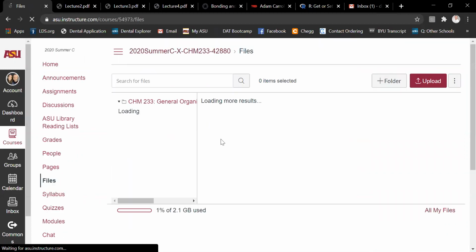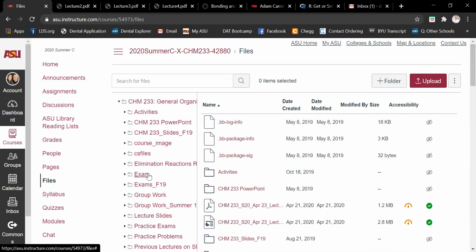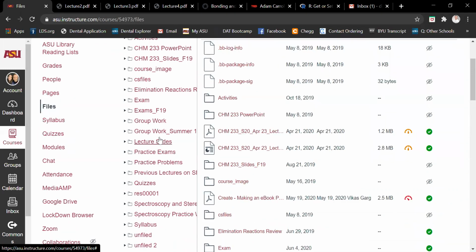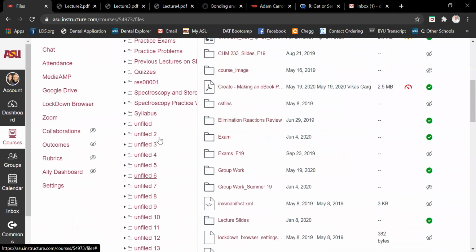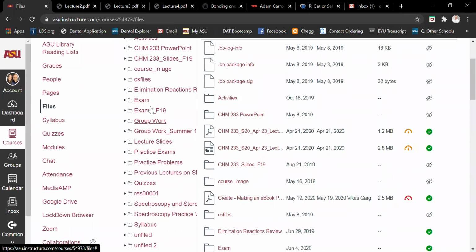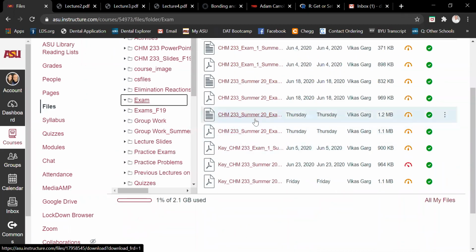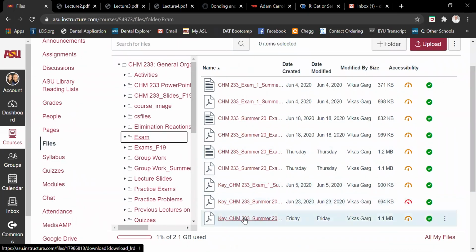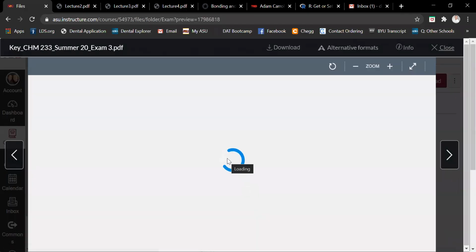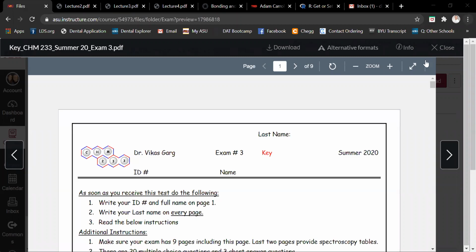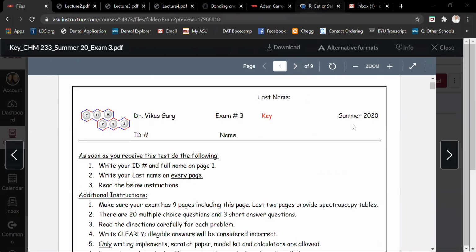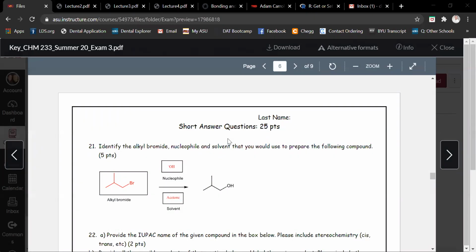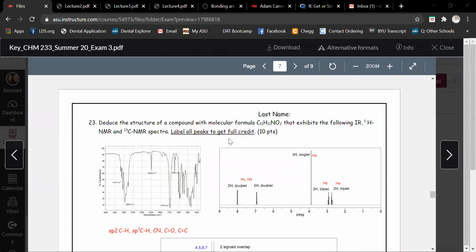Okay, I'll just go to files. Exam. Let's see, key for, it's probably this one, huh? Exam 3 key. Does anybody remember what problem it was? 23. Question 23. Okay.